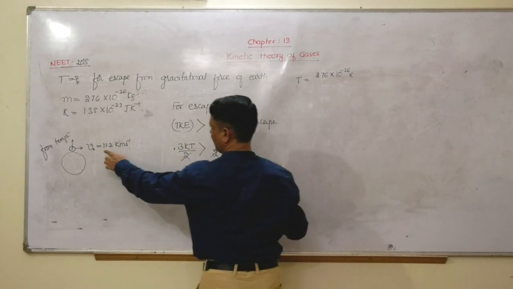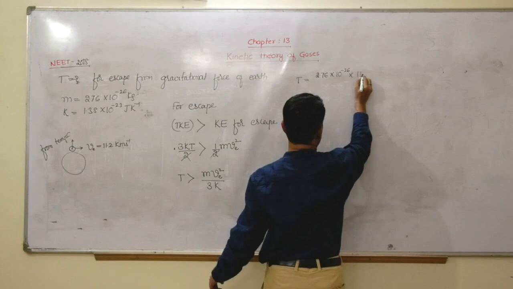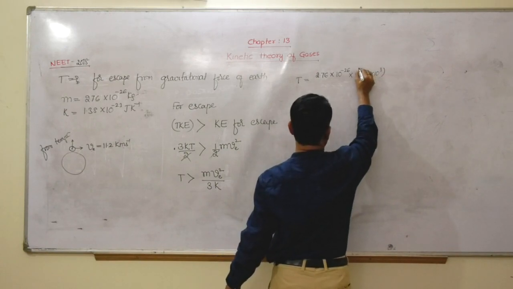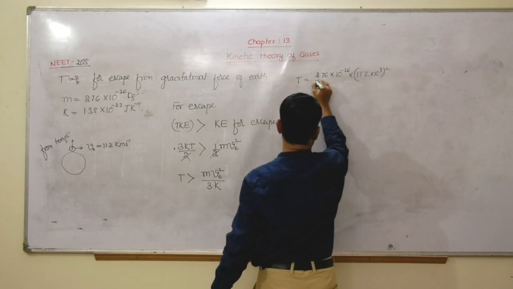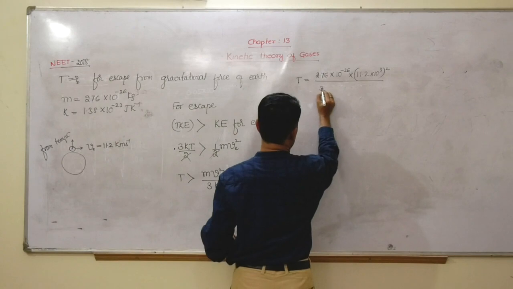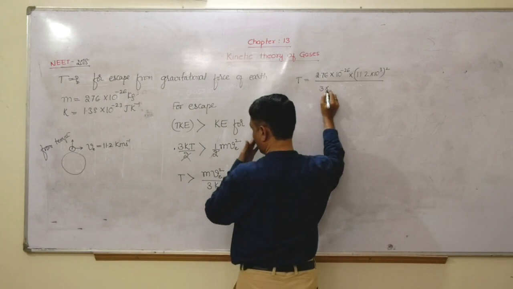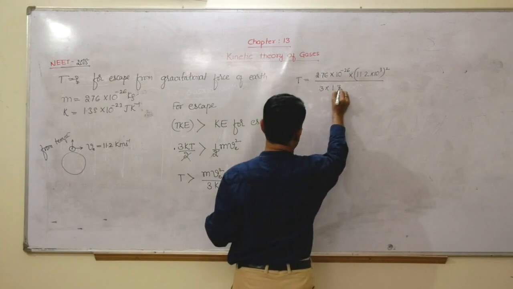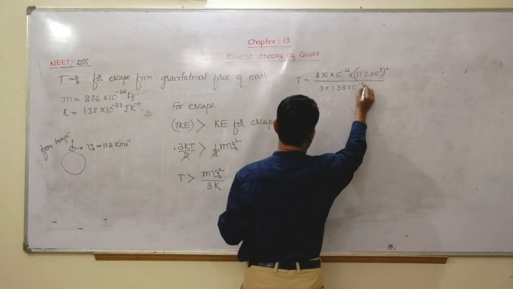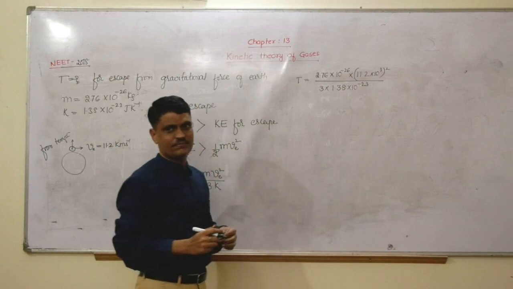Escape velocity is 11.2 kilo means 10 to the power 3 whole square, divided by 3 into Boltzmann constant is 1.38 into 10 to the power minus 23.